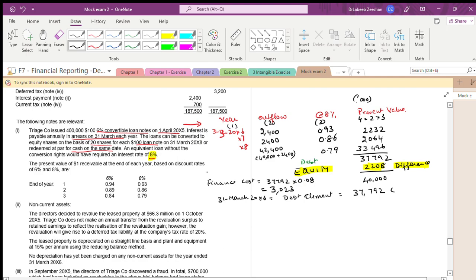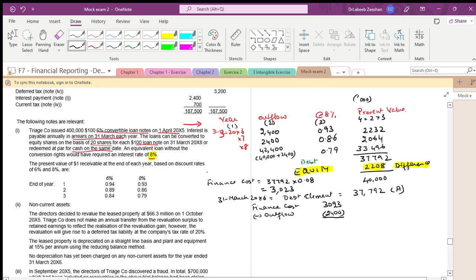Finance cost is 3023 minus the outflow. Outflow is 2400.